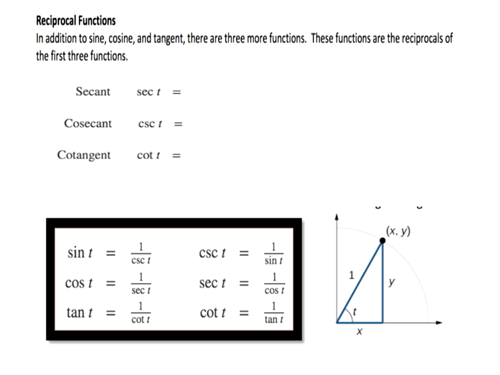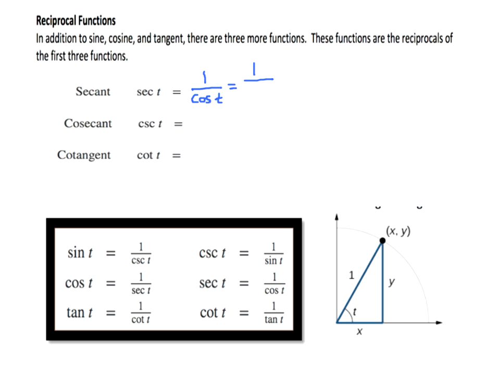Okay, the next three trig functions. We have secant, cosecant, and cotangent. We are given that the secant is the reciprocal of cosine. So 1 over the cosine of t is what the secant is equal to.